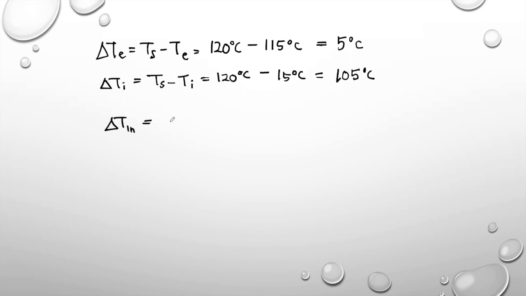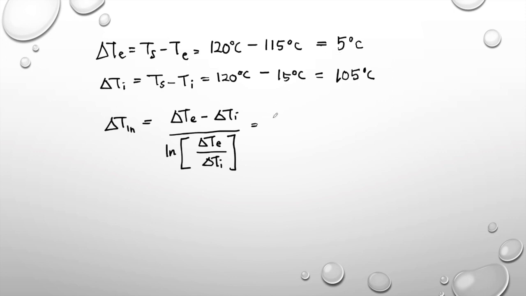Next, substitute into delta T log mean, or delta T ln. So the equation is delta Te minus delta Ti, divided by ln of delta Te divided by delta Ti. Okay, so substitute all the values that we get.